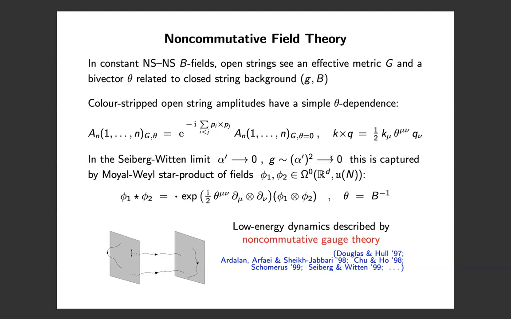Then this gives a field theory, but a special field theory where the interactions, which would be given by pointwise products of fields, are replaced now with what's called the Moyal-Weyl star product of fields.